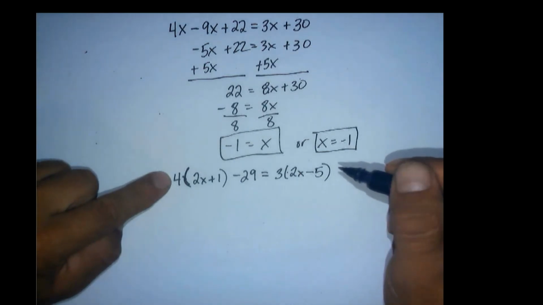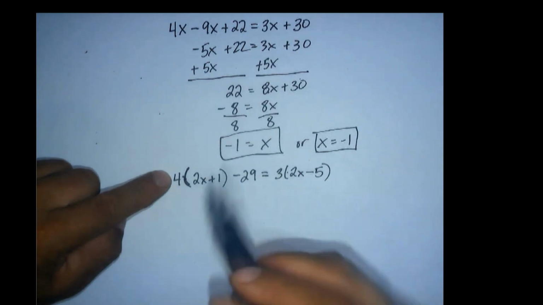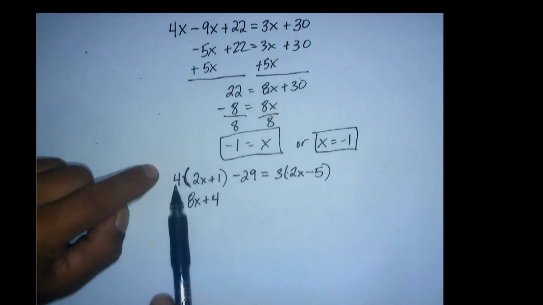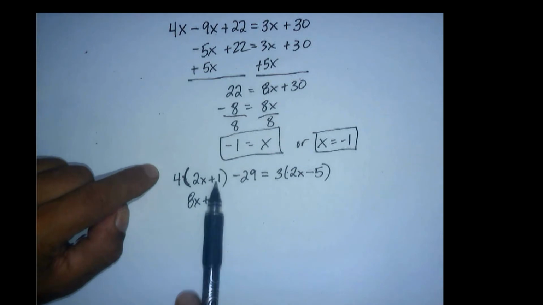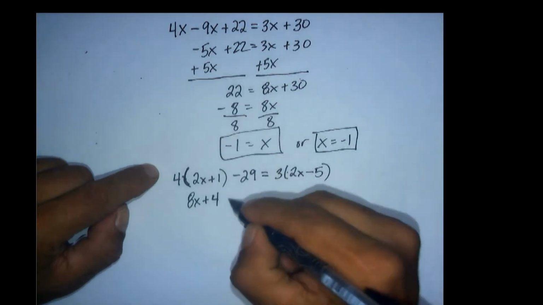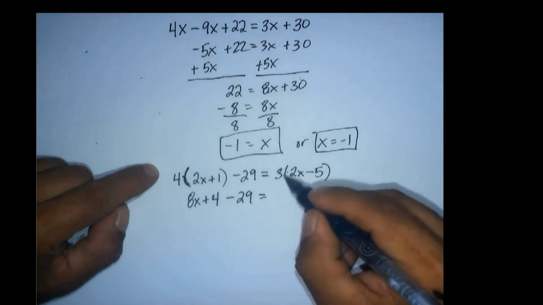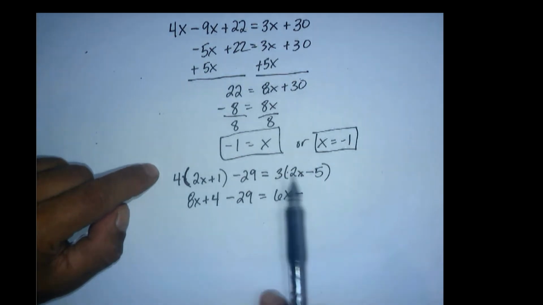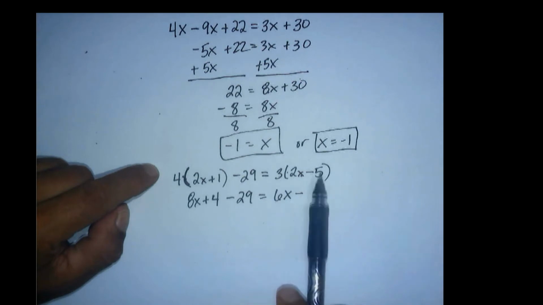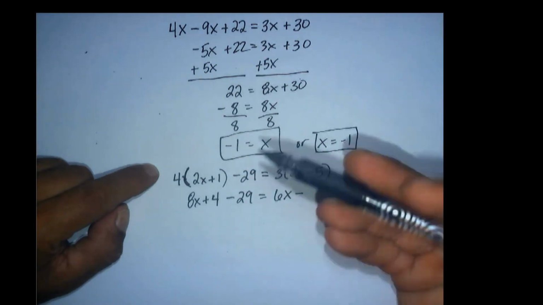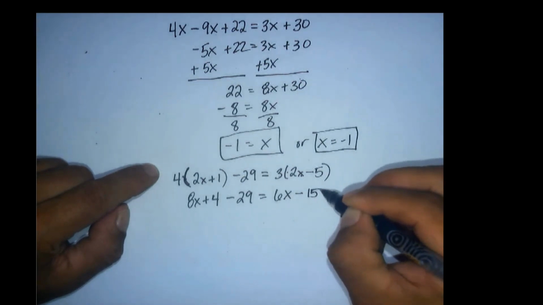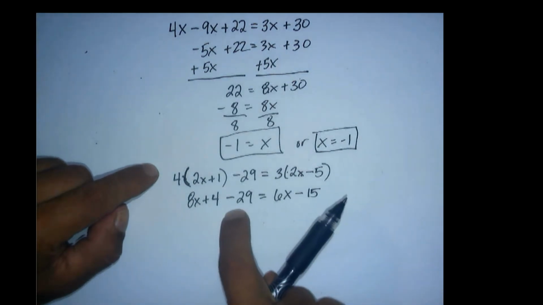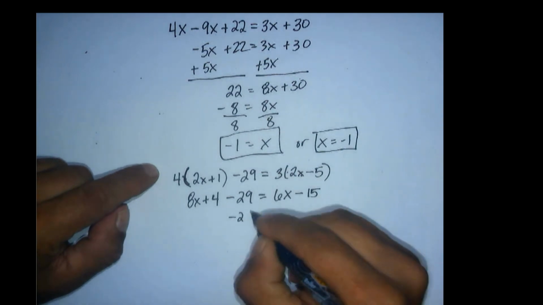Distribute the 4. 4 times 2x is 8x, plus 4 times 1 is 4. Minus 29, that's going to equal 3 times 2x is 6x minus... I put a minus here because I already know a positive times a negative is a negative. And 3 times 5 is 15. Now one more simplify right here. 4 minus 29 is -25.